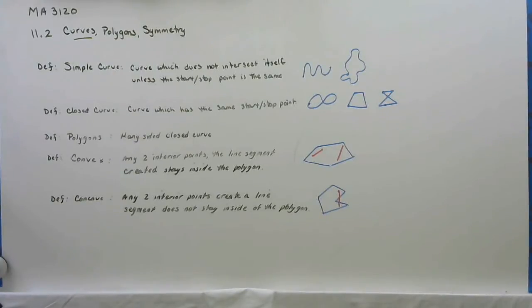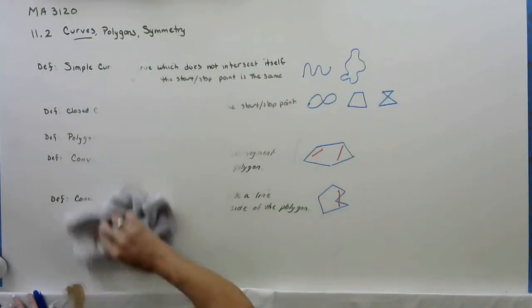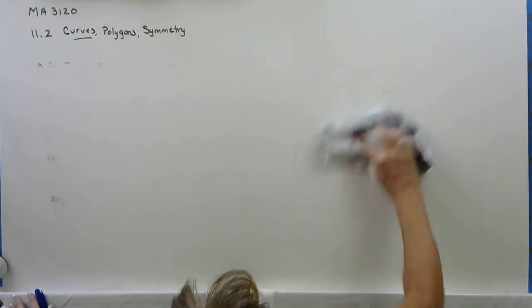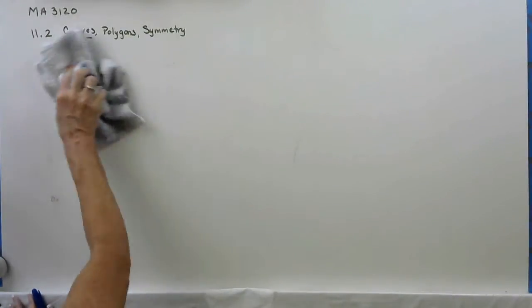All right. So let's take a look at some of the types of polygons that we can have, and the most common that we will see. So let's go over their names. Names of polygons. Polygons are many-sided figures.